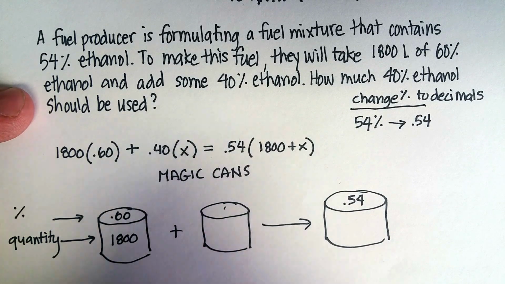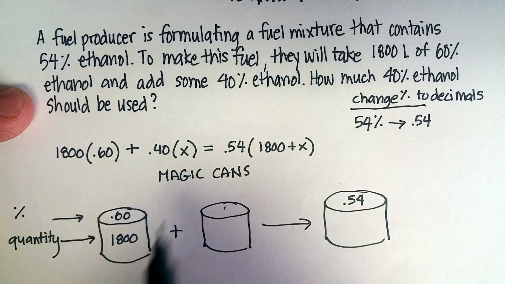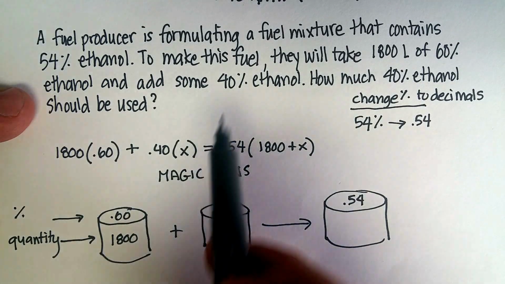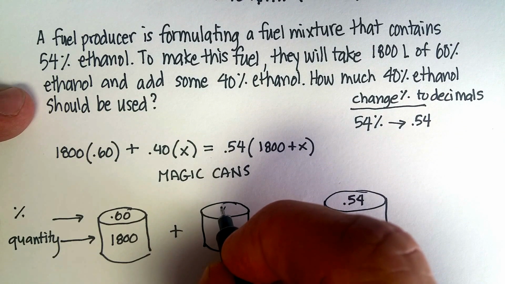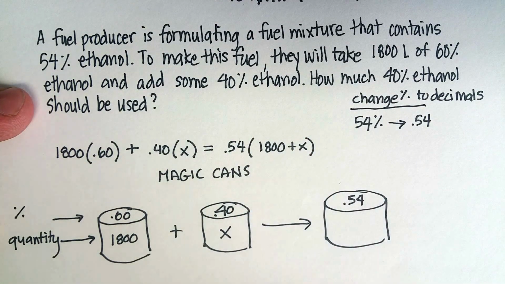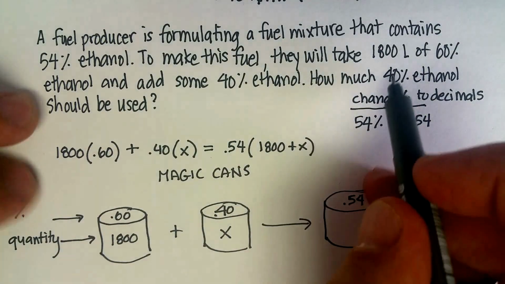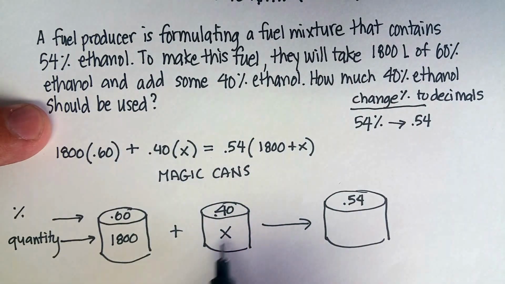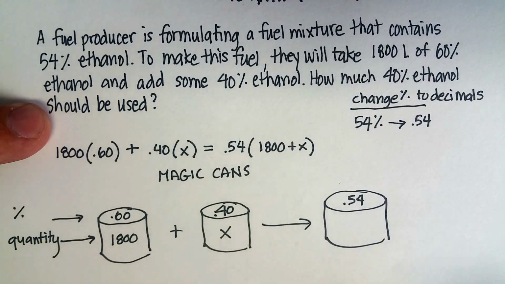All right? So he's going to have this much, 1,800 liters of 60%. And they're going to add 40%, but we don't know how much they're going to add, so that's my unknown. How much 40% ethanol will be used, right, to create this final quantity.